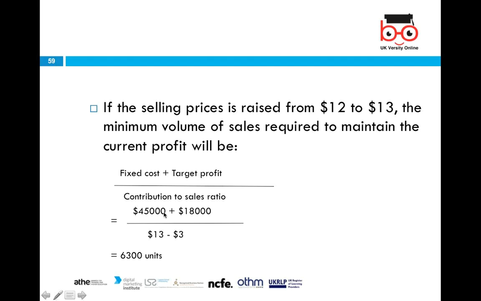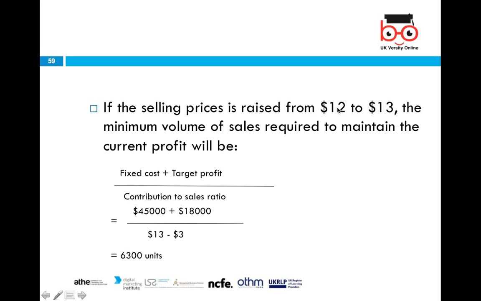We know our target profit is $18,000 and our fixed cost is $45,000. Now our selling price is $13, and the target profit units will be 6,300 units, which was 7,000 units before at $12.